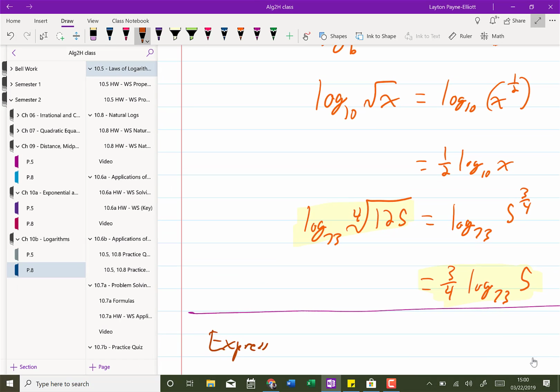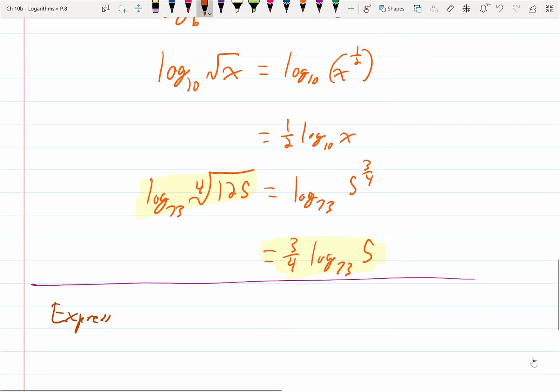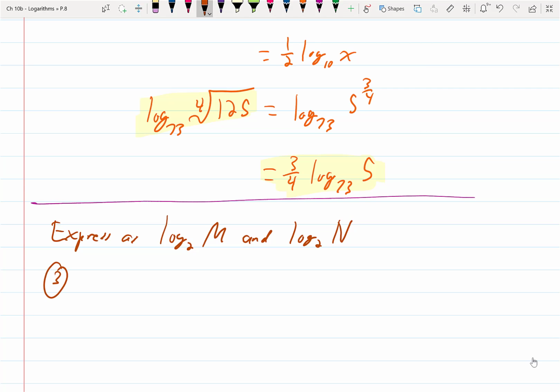Okay, back to this. Your next set of directions are to express as the log base 2 of m and the log base 2 of n. So I like to think of this as a bad relationship tactic. We are breaking things up. Log base 2 of m to the 5th, n to the 7th. And I want to break this into simpler logs.